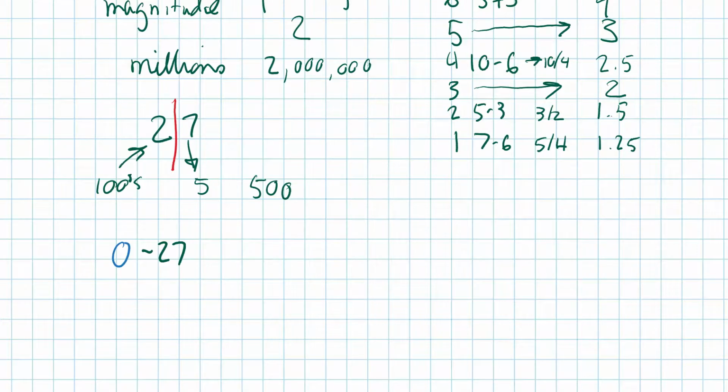If we convert that back to a ratio, 0 gives us 1, and the minus sign is division, and we already figured out that 27 is 500. So minus 27 is 1/500th.